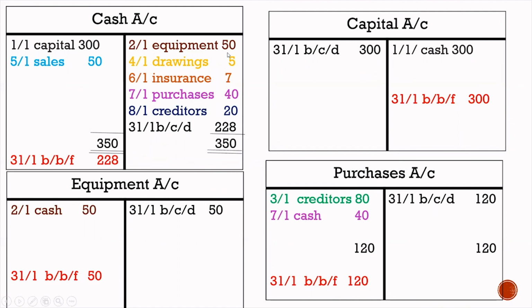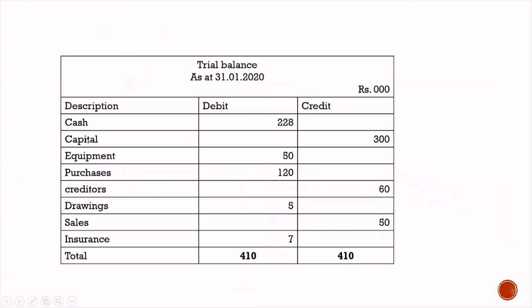Deducting the total of the other side from 350, we get a balance carried down of 228. Then I'm bringing the carried down value to the opposite side where the higher value was recorded, and this 228 will move to the trial balance here.